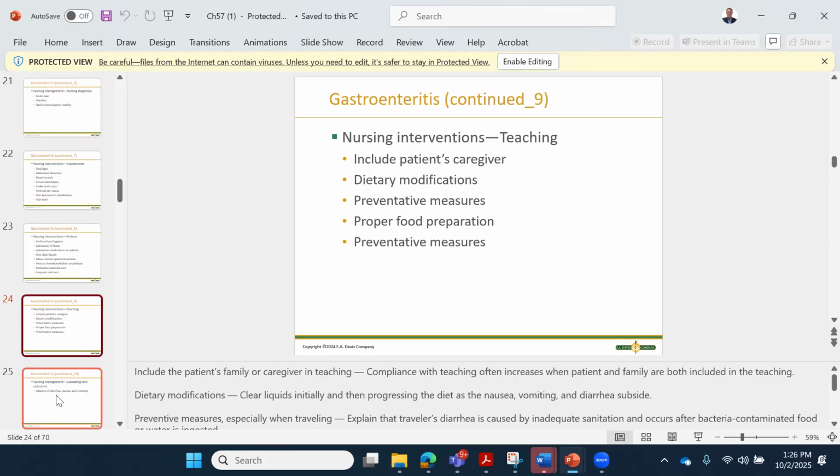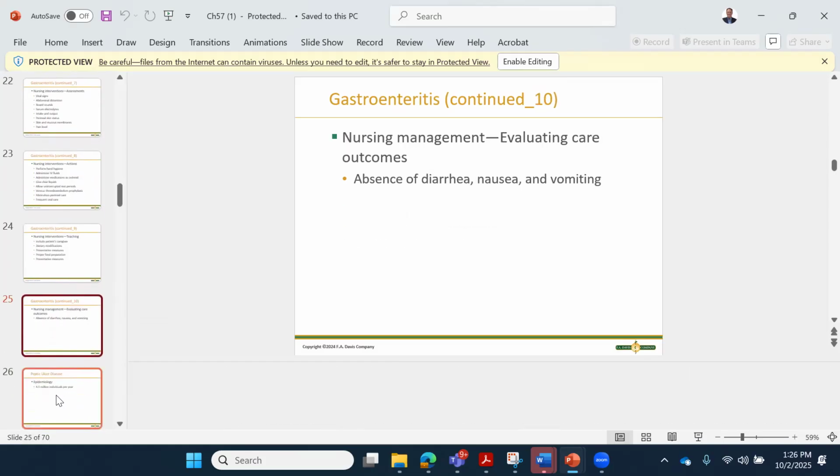Nurses never delegate assessment. As it relates to evaluating outcomes, you would expect the absence of diarrhea, nausea, and vomiting. So these would be expected findings in the evaluation phase.